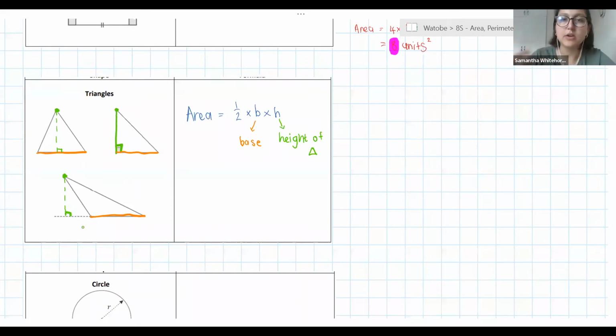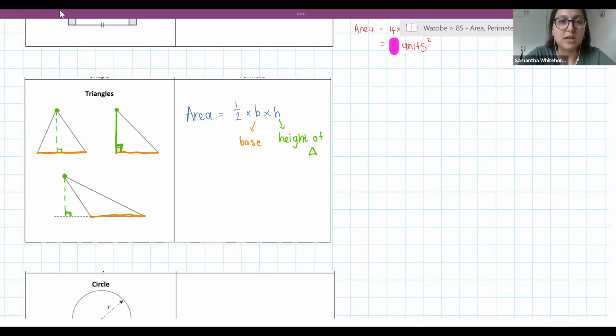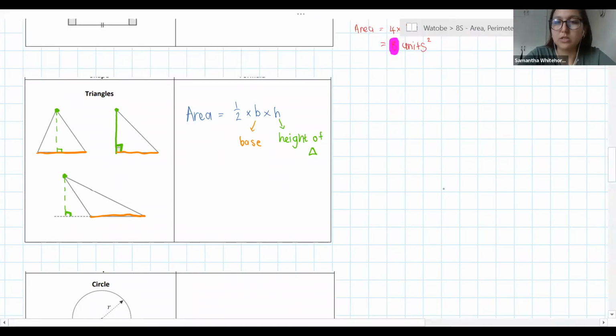Okay, so area of a triangle, half base times the height of the triangle, and the height of the triangle is always from the highest vertex down to the base at a right angle to the base. I'm going to let you screenshot that if you need it, and then we're going to have a look at the area of our last shape that we need to know before we do some examples.